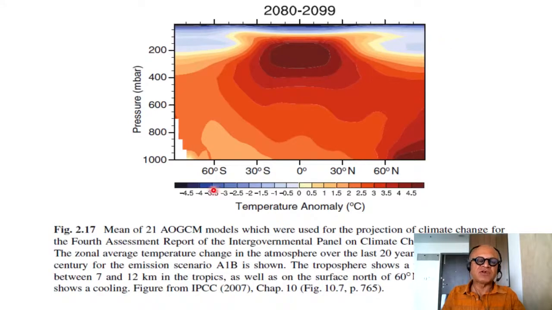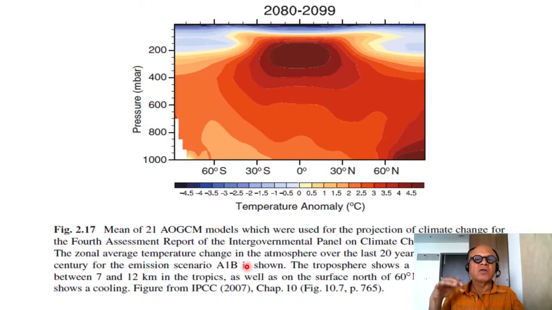So here is a figure showing the mean of 21 atmosphere-ocean GCM models which were used for the projection of climate change for the fourth assessment report of the Intergovernmental Panel on Climate Change. The zonal average temperature change in the atmosphere over the last 20 years of the 21st century for the A1B scenario, which is the scenario used in AR4.